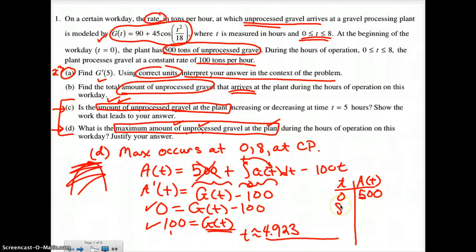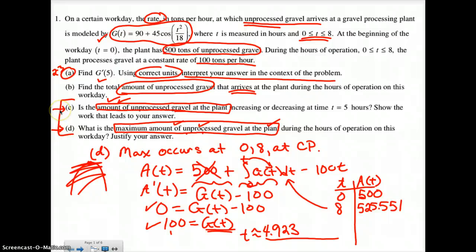At 8, I would have put 8 into this function up here, the 500 I started with, plus integrating from 0 to 8, which you actually already did in part A. So, you know, it's probably acceptable to use the answer you got in part A right there, and then minus the 100 for every 8 hours. And when you did that, you ended up getting 525.551, which is really your, well, let's go to the next one.